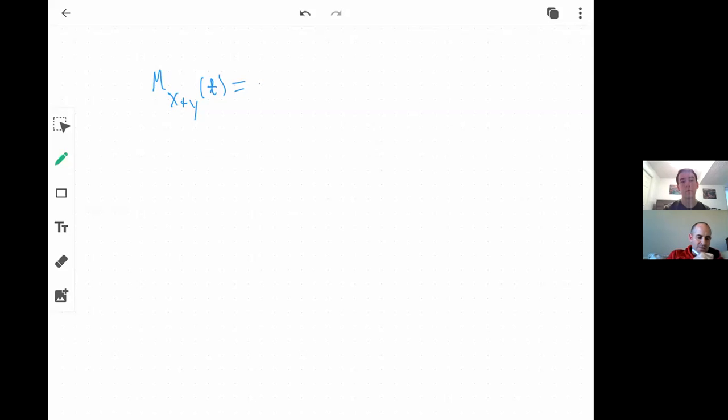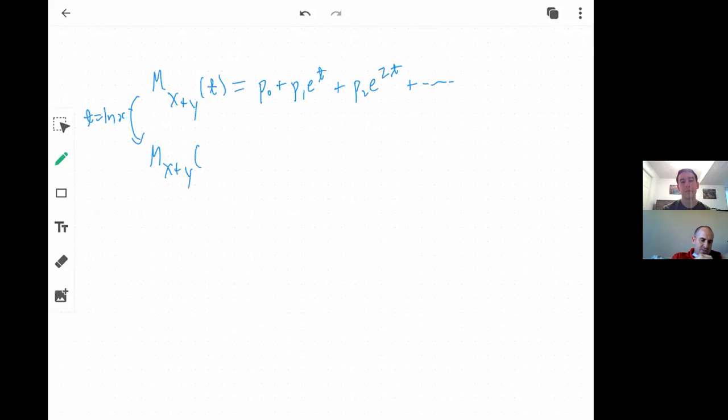But we also know that this is going to be p0 plus p1 e to the t plus p2 e to the 2t plus etc. What if I plugged in t equal to the natural logarithm of x or something like that?